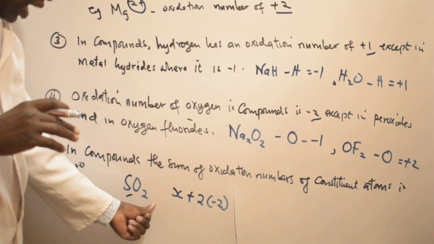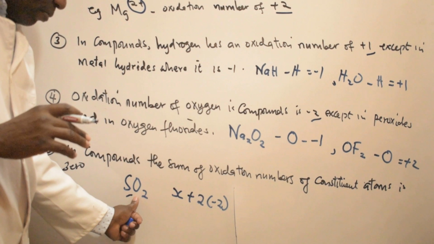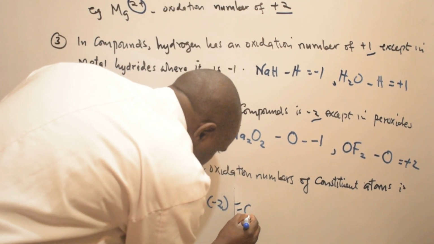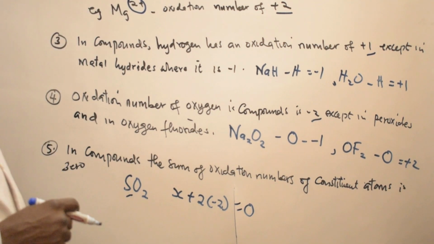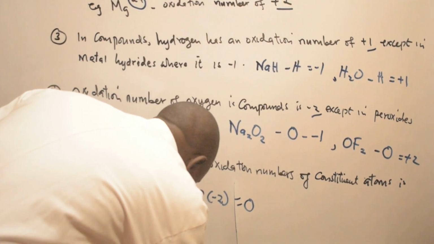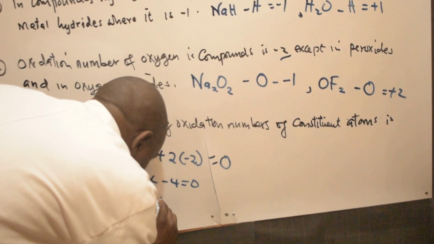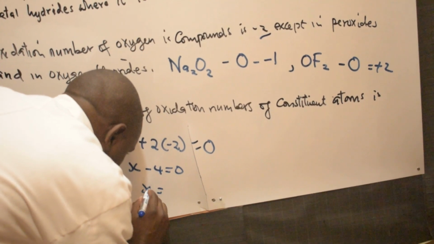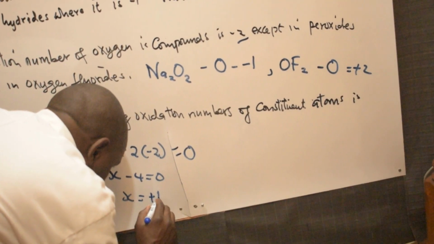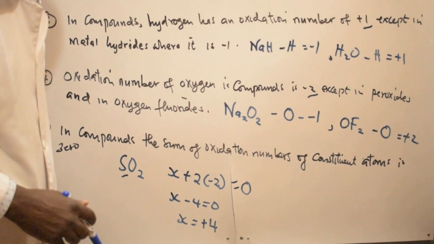If you add the oxidation numbers of S, which is X, and oxygen, which is -2, multiplied by 2, the sum should give you a 0. So X - 4 = 0, and X in this particular case should be equal to +4.